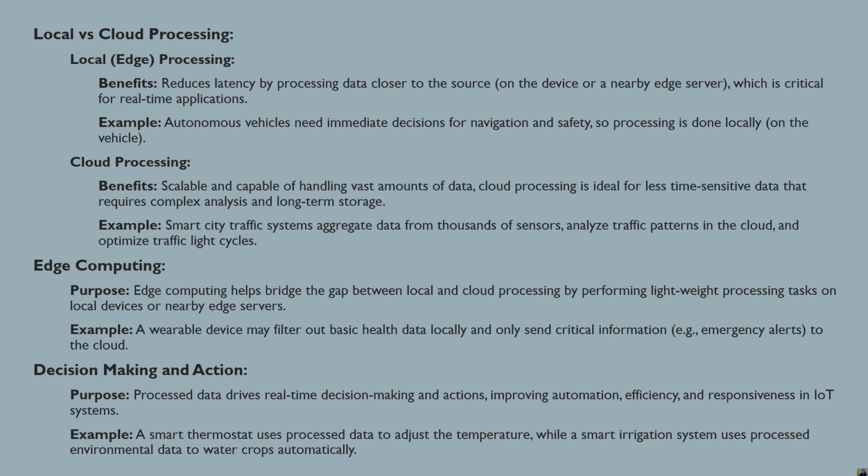And the last role is decision making and action. The purpose is that the processed data drives real-time decision making and action, improving automation. For example, a smart thermostat uses processed data to adjust the temperature.